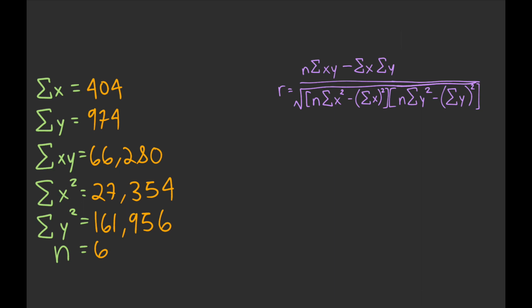Alright, here is our formula, and we are going to start plugging in. So r equals n, which is 6, times the sum of x times y, which is 66,280, minus the sum of x, which is 404, times the sum of y, which is 974.